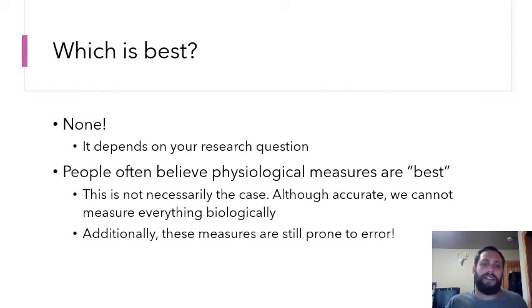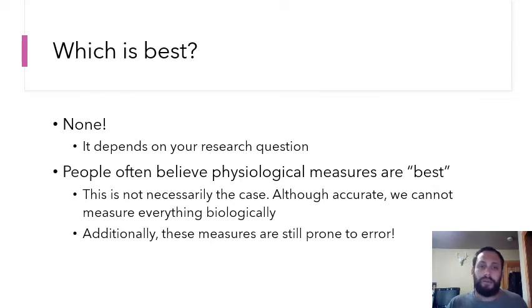So which is best? Really, none of these are best. It depends on your research question. Some things can't even be measured physiologically. It's hard to measure depression physiologically, although we have seen differences in brain areas in depressed individuals as compared to non-depressed individuals, but we have to capture depression in another way. So we use these self-report measures, right? Measuring depression through behavioral observations is pretty tough because people don't look sad all the time.